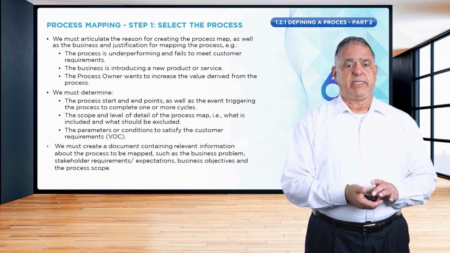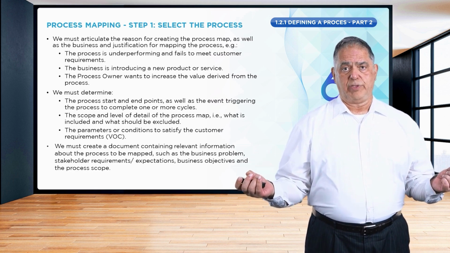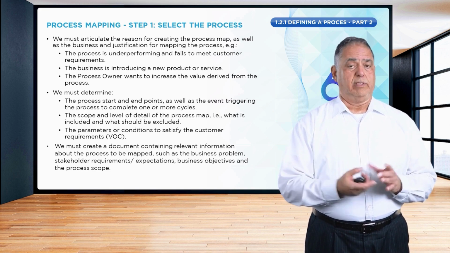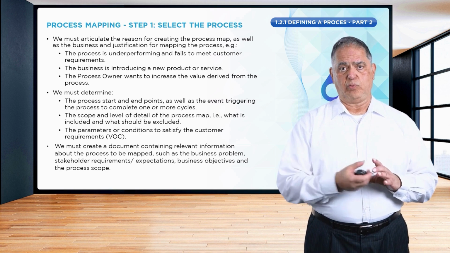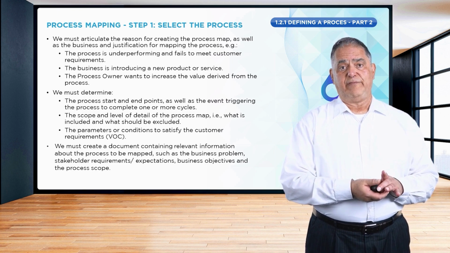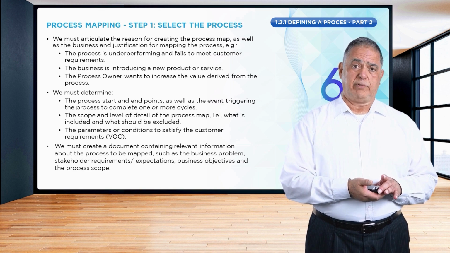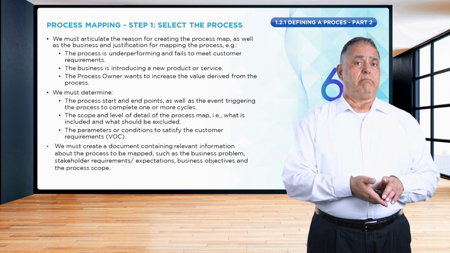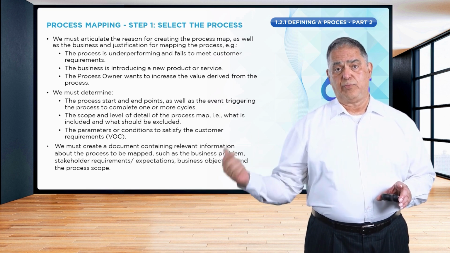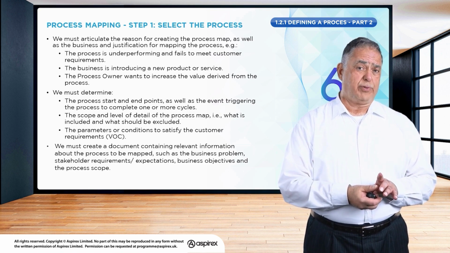So in this step, we must determine the process start and the process end points, and this determines the scope of the process, what is included in the process and what is excluded from the process, as well as the event that is triggering the process start. For example, in many processes, the trigger for starting and running a process is a customer request for a product or a service.